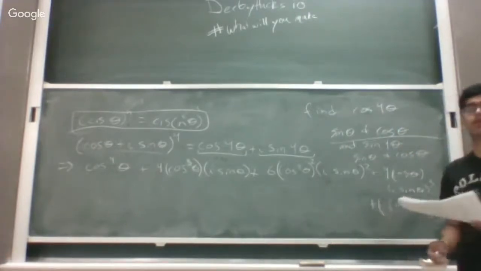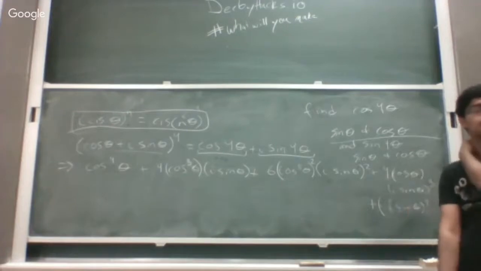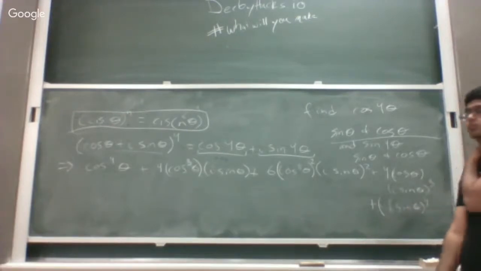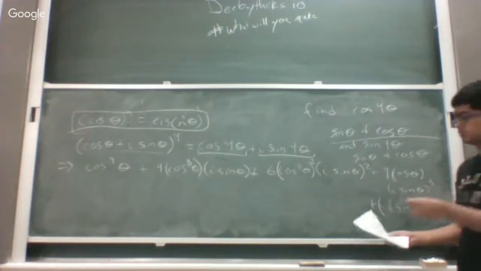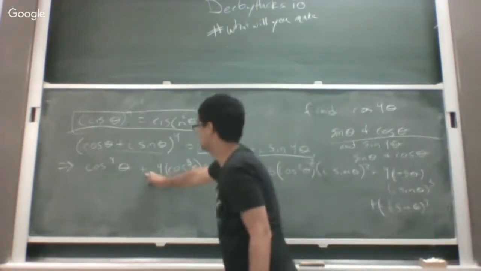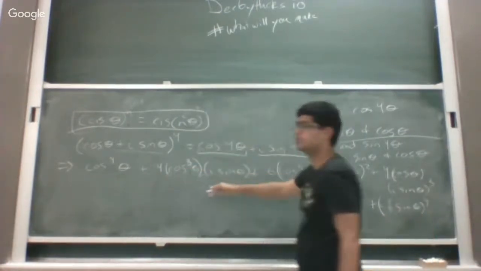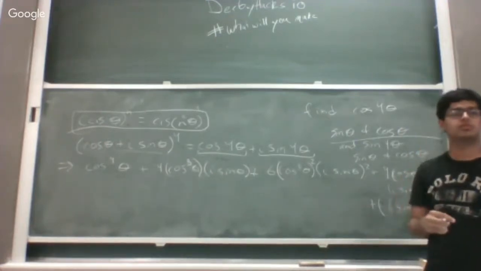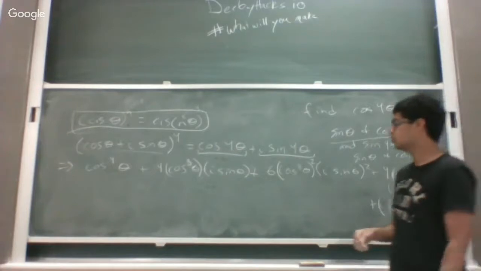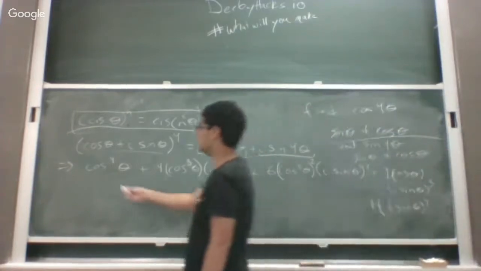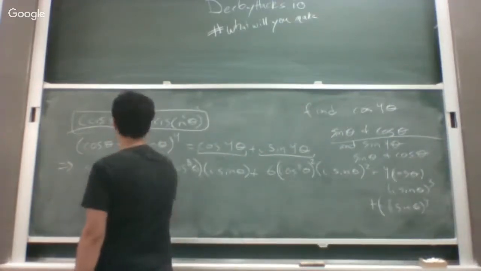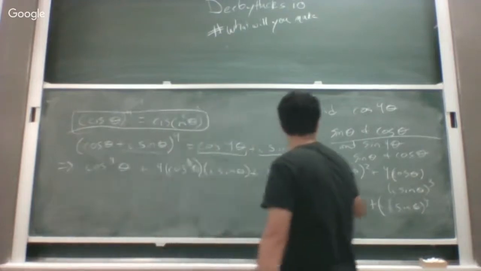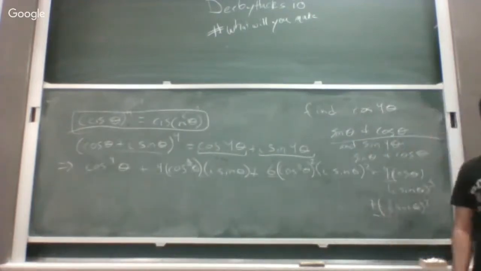Okay. Now, what was your question? Isn't it Pascal's triangle plus? So the first term you have a 1, then you have a 4, then you have a 6, then you have a 4, and a 1 again.